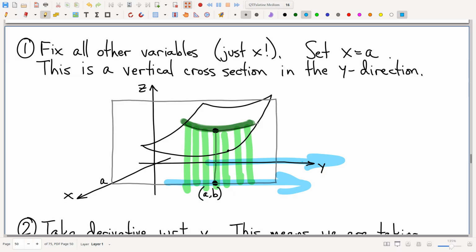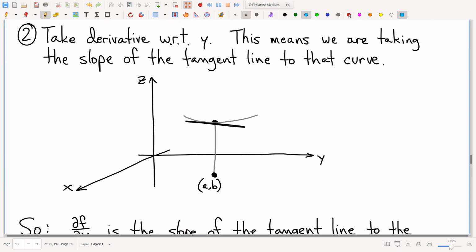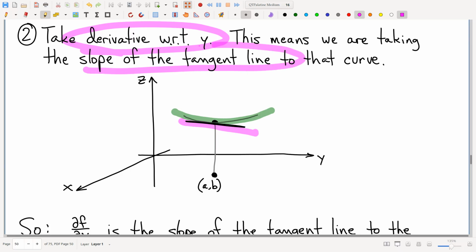That's literally the graph of my new single variable function. And how do we take derivatives? Good old-fashioned single variable derivatives. When you have a graph of a single variable function, the derivative with respect to y is just the slope of the tangent line, as usual.